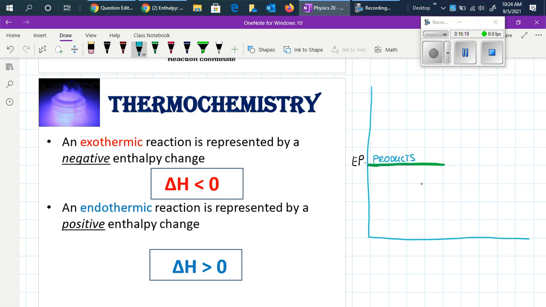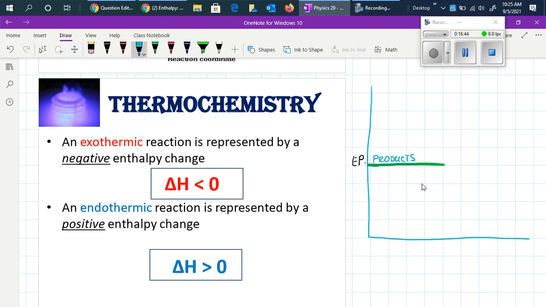Okay, so now we are saying here that if we have an exothermic reaction, then the enthalpy change is negative. First of all, why is it negative? Because the enthalpy of the product is less than the enthalpy of the reactant.